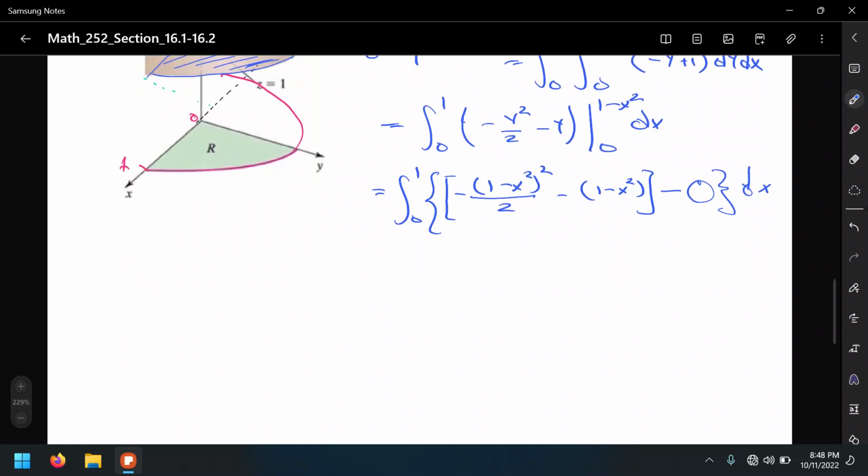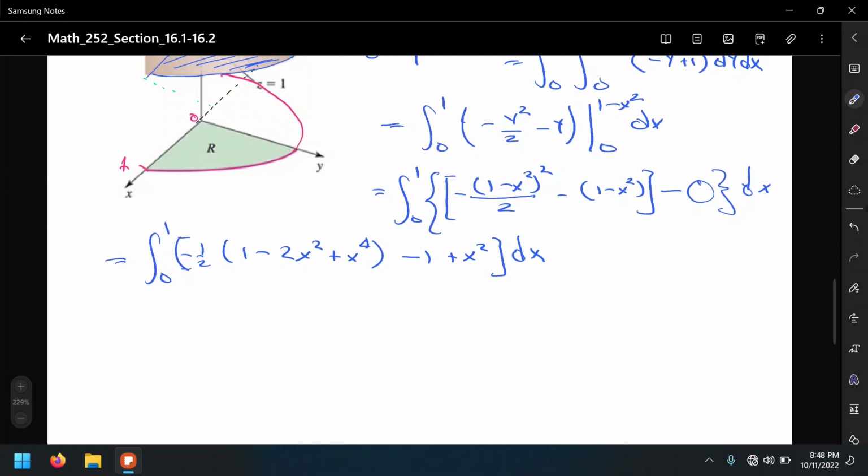Alright, so let's simplify this. So that's going to be the integral from 0 to 1 of negative 1/2 times 1 minus x squared squared, which is 1 minus 2 times x squared plus x to the 4th. And then minus 1 plus x squared dx. So we're ready to integrate all this with respect to x and find the volume.